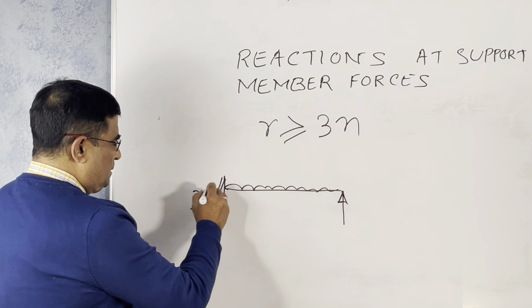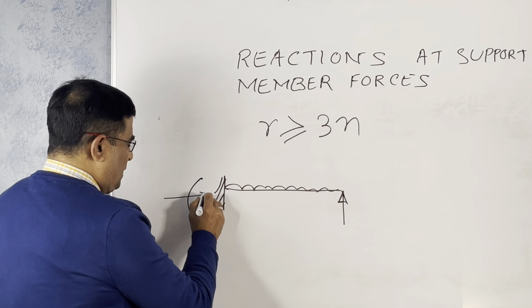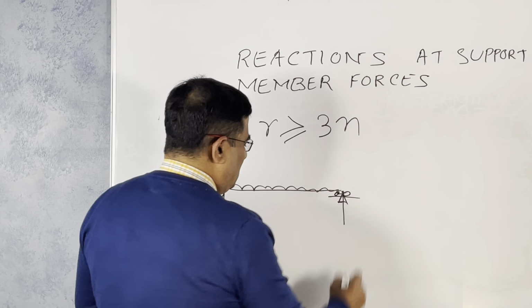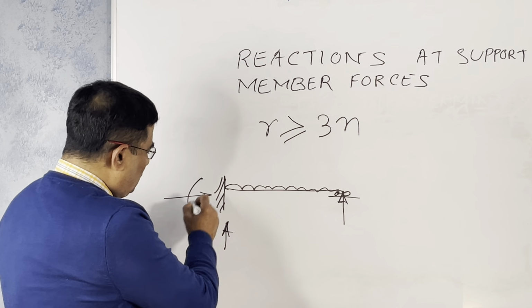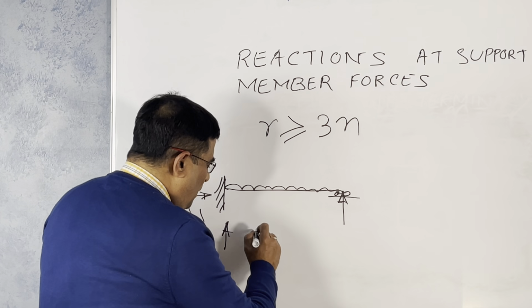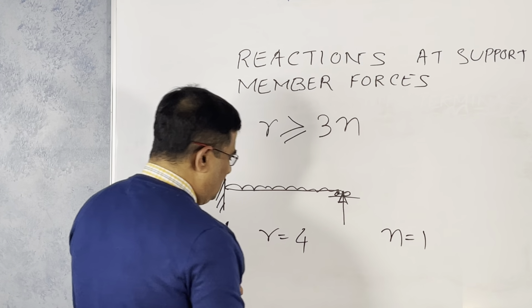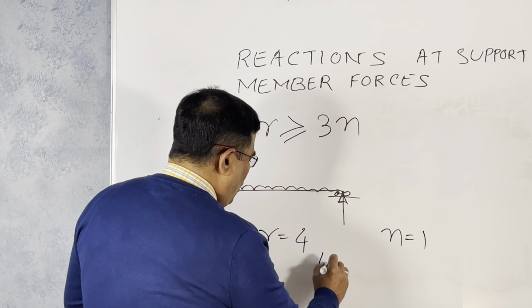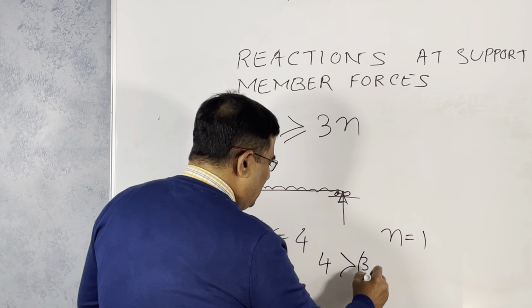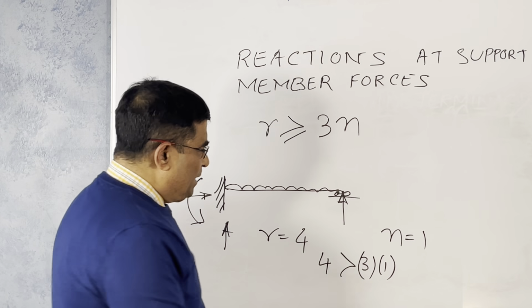Here are 3 equations, 3 unknowns. If I draw it, moment, horizontal, vertical, and vertical. This is the roller support. We know that it is 1, 2, 3, 4, R equal to 4, n equal to 1. So 4 is greater than 3 times n. 4 is greater than 3. So degree of indeterminacy 1.